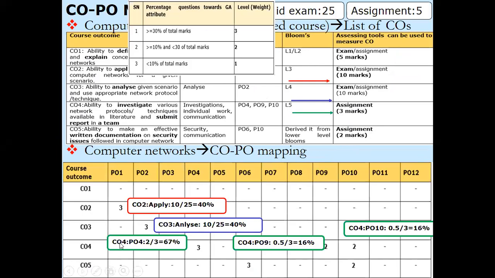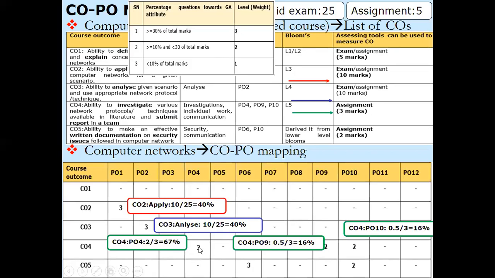Now, when it comes to CO4, with respect to PO4, I allocated 2 marks. Because 2 marks are allocated to PO4, but the total marks is 3, 2 by 3 is 67%. So it comes under condition 1, in the sense more than 30%.